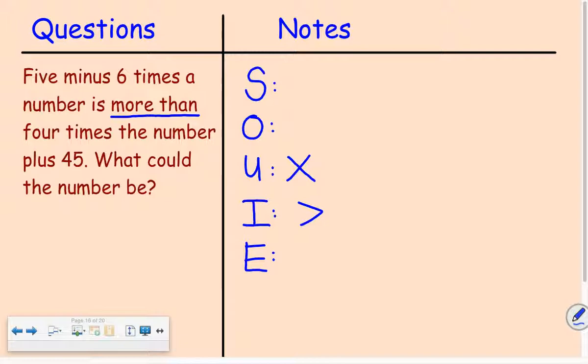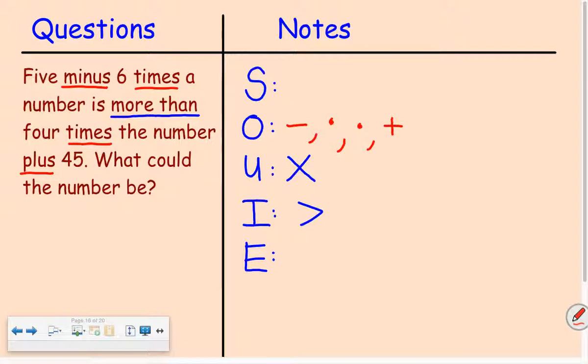All right, we've got a lot of operations in this one. SUI is not going to work out perfectly for this, but it's still going to help us organize our information. So let's find all of our operations. We have minus, we have times, we have times again, and we have plus. So there are 4 operations in this problem.